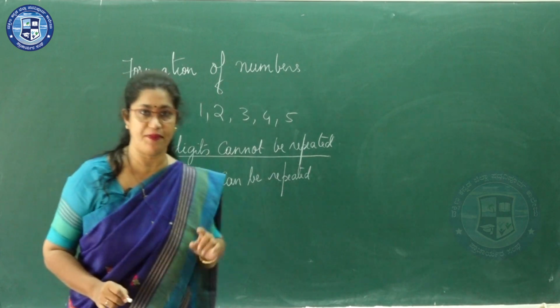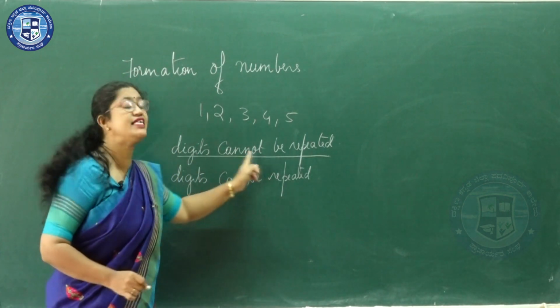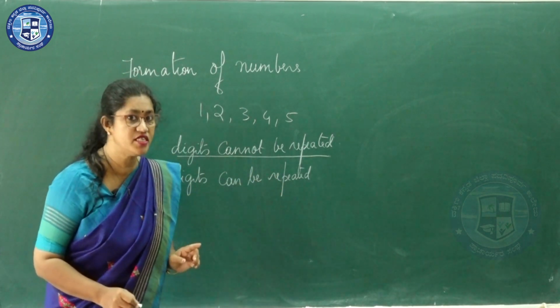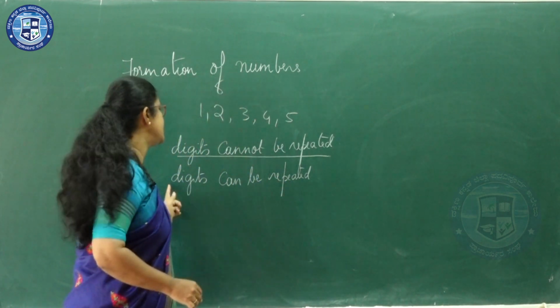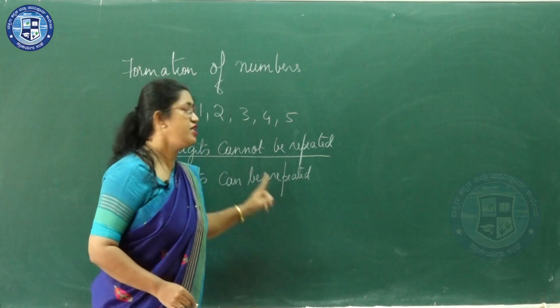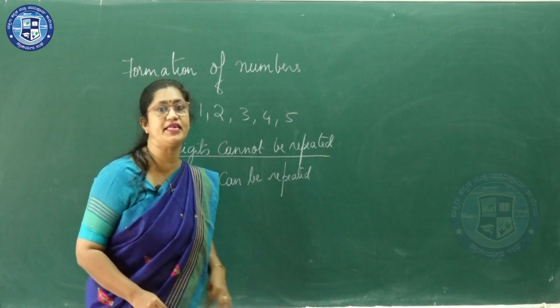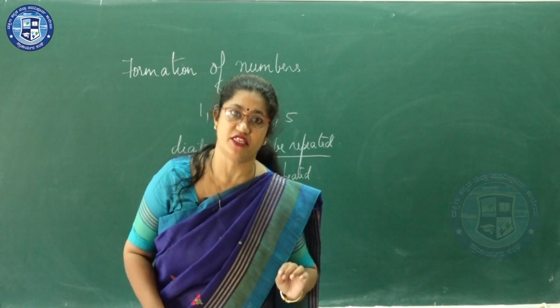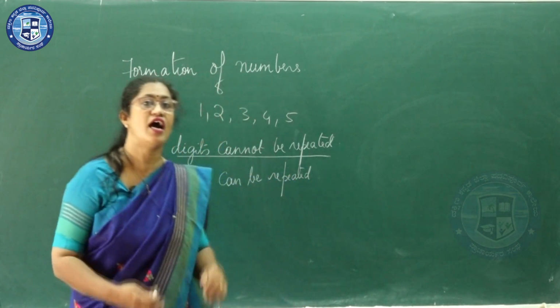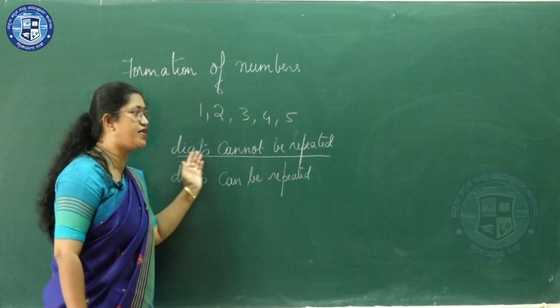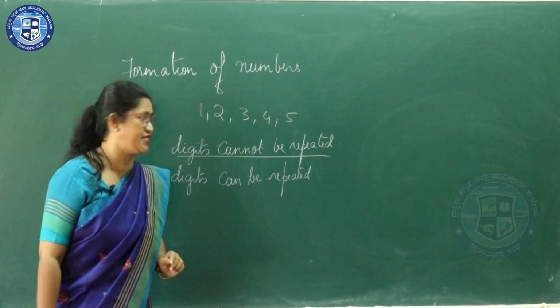Digits cannot be repeated, or if nothing is mentioned, please note this, if nothing is mentioned, then we take it as digits can be repeated. If digits cannot be repeated, it will be specifically mentioned in the question. Most of the problems in our syllabus are dealing with problems where digits cannot be repeated.